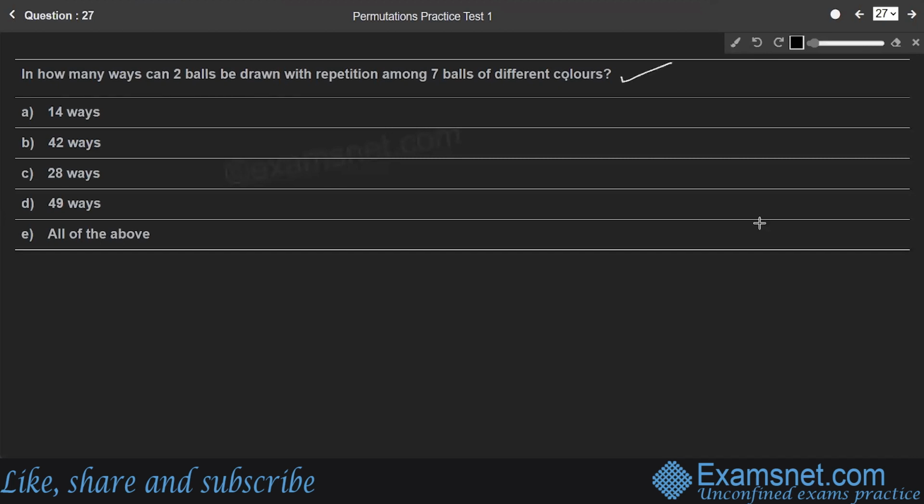Question 27. In how many ways can 2 balls be drawn with repetition among 7 balls of different colors? Here we'll consider 7 balls of different colors. In how many ways can two balls be drawn with repetition?